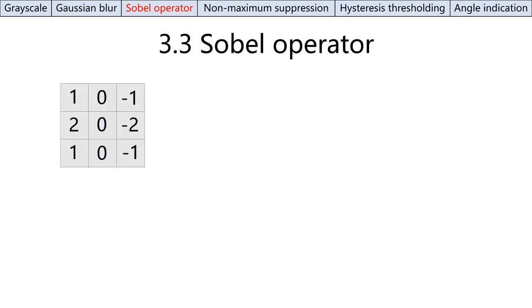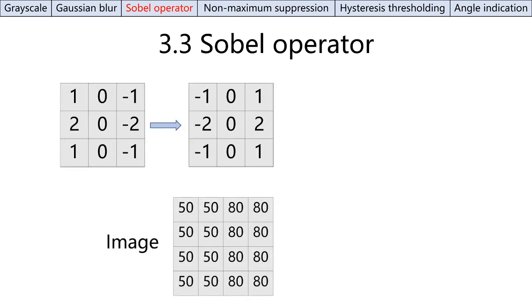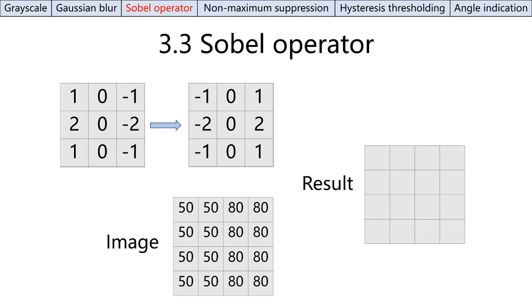I'm going to sketch the process of doing a kernel convolution in case some of you have forgotten it. Firstly, we need to exchange the values symmetrically inside the kernel. Let's say this is our image, and we want to know the output of this pixel.